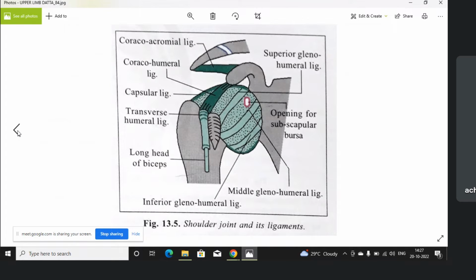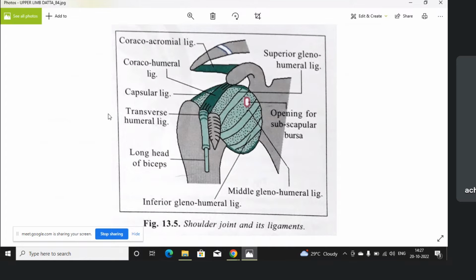Third, coracohumeral ligament. Next, transverse ligament.